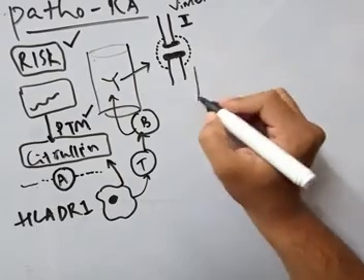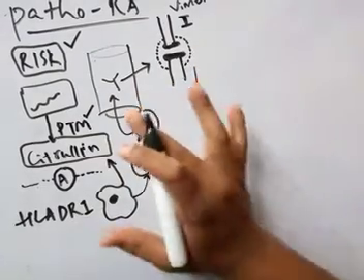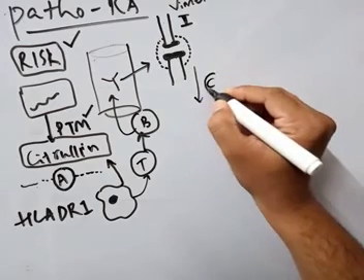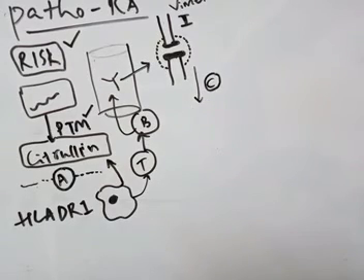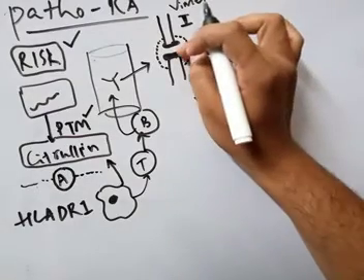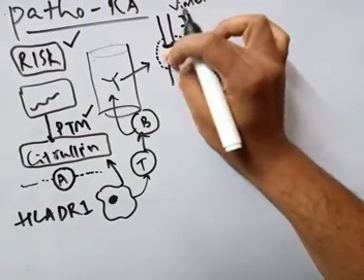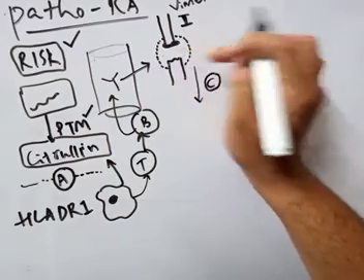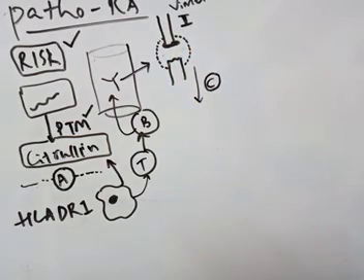Inside the joint there is antigen-antibody production which calls for complement proteins. These complement proteins again destroy the tissue, destroy the joint, making the bare bone open inside the joint cavity.